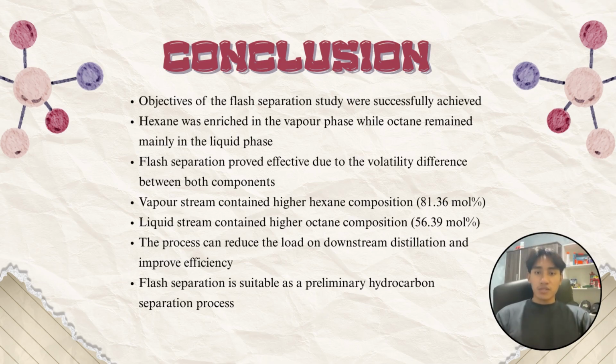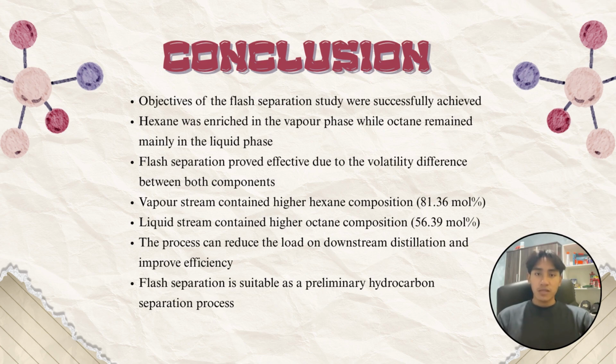Conclusion for this project: the objectives of the flash separation study were successfully achieved, in which hexane was enriched in the vapor phase while octane remained mainly in the liquid phase. Flash separation proved effective due to the volatility difference between both components.